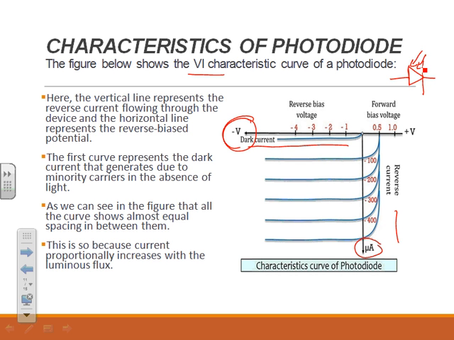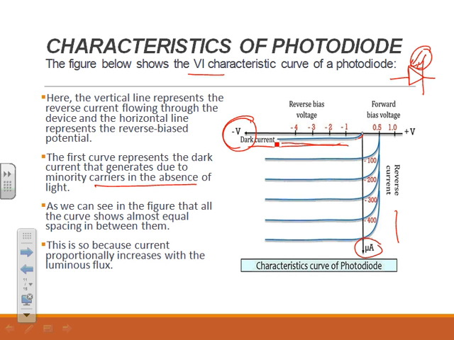The first curve in the figure represents the dark current that is generated due to the minority carriers in the absence of light. This is the characteristic curve called dark current, and this is a very minute current.